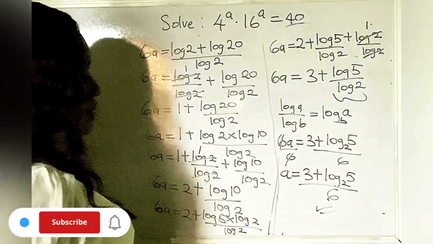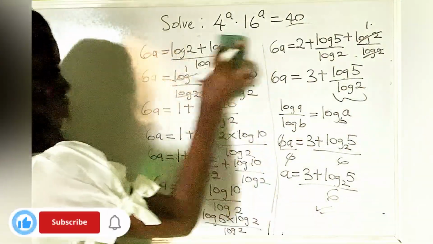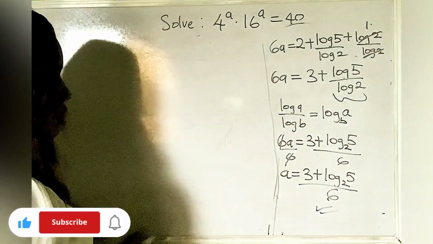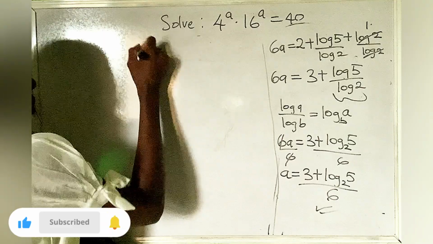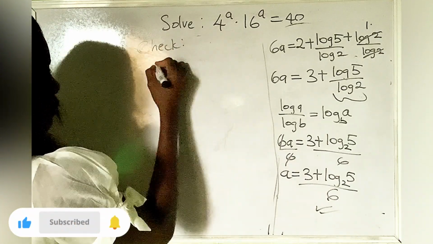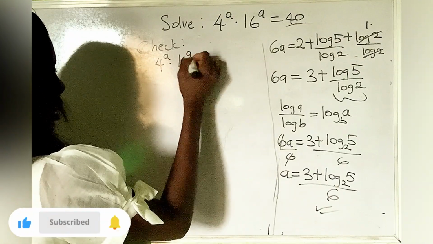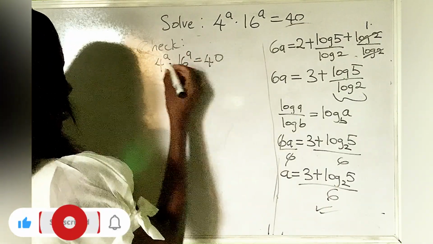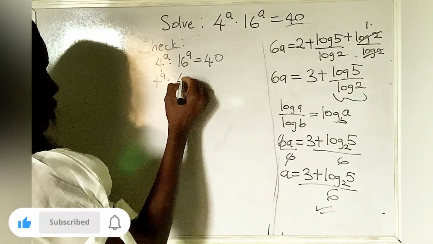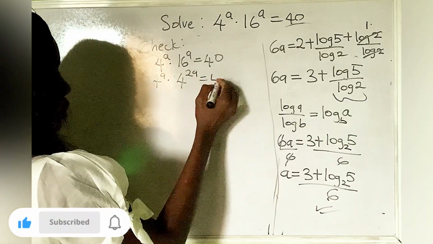Don't move. Let's verify to see if this answer is correct for this equation. Okay, let's go ahead and verify this equation. So we say check. This is 4 raised to power a multiplied by 16 raised to power a is equal to 40. And we said that we are going to write this as 4 raised to power a multiplied by 4 raised to power 2a, that's equal to 40.